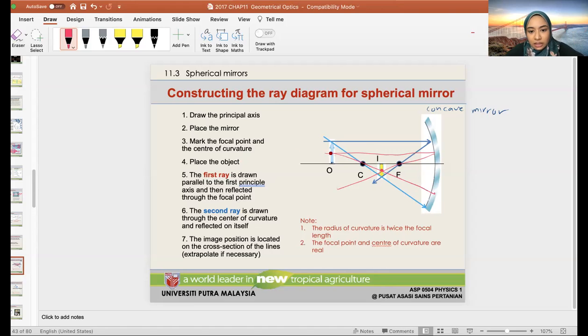So I started here, right? I wanted to map out where the image is at the half. Okay, so we go to half of the object, draw, hit the boundary, go into focal point, go into C, back onto itself. So the intersection between ray 1 and ray 2 will give me the middle part of the image.